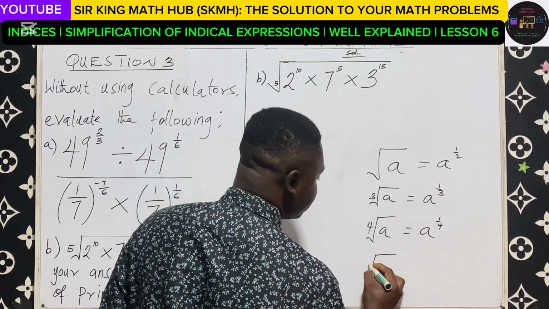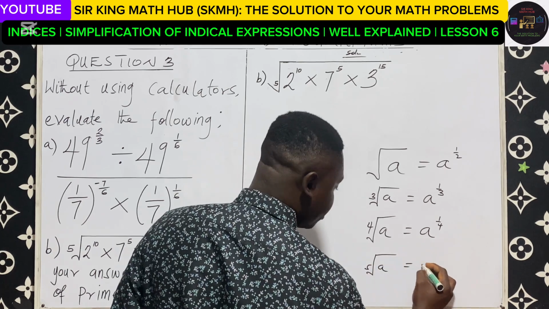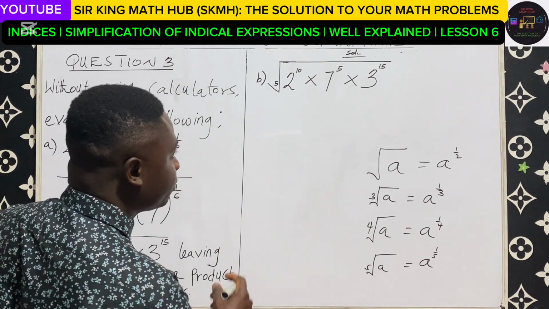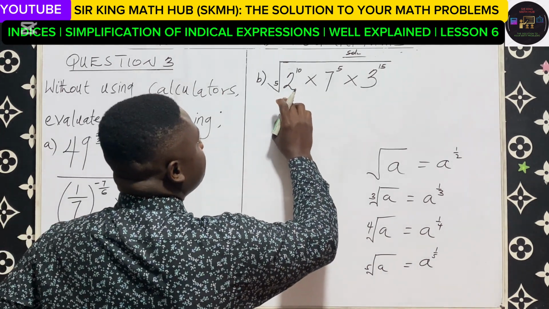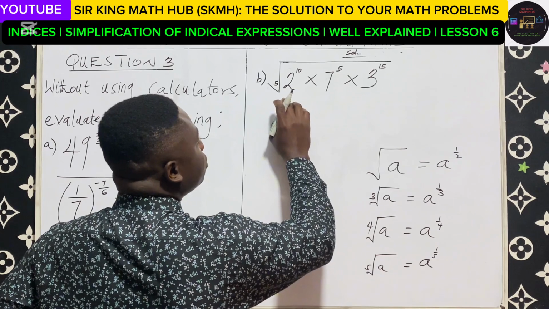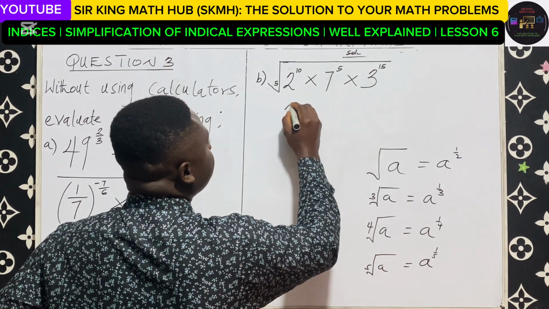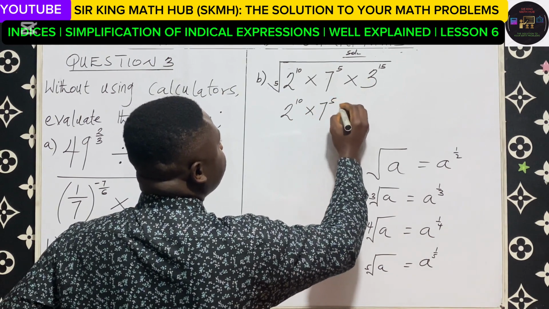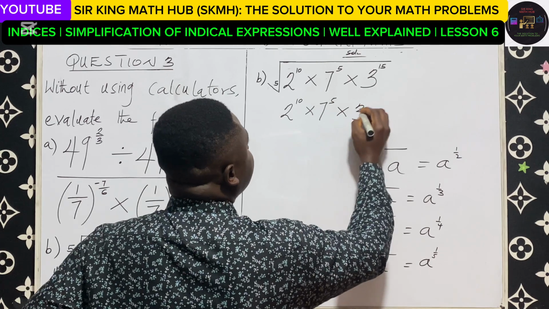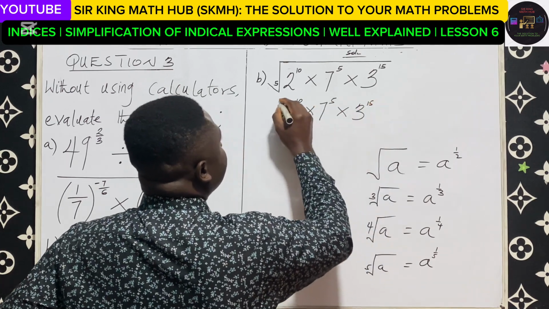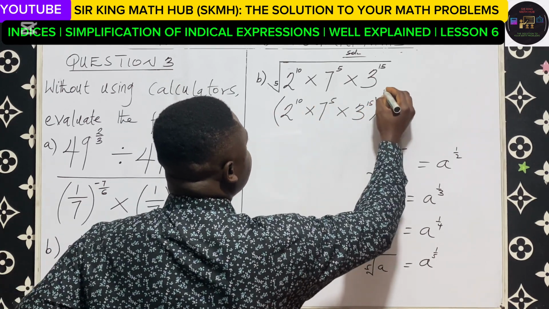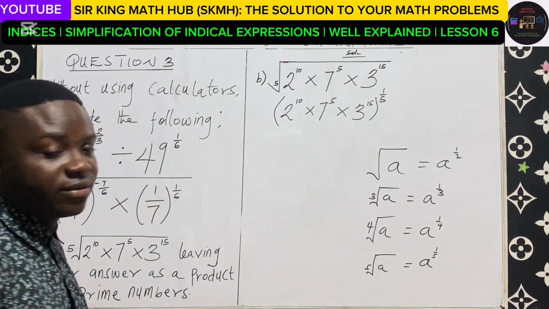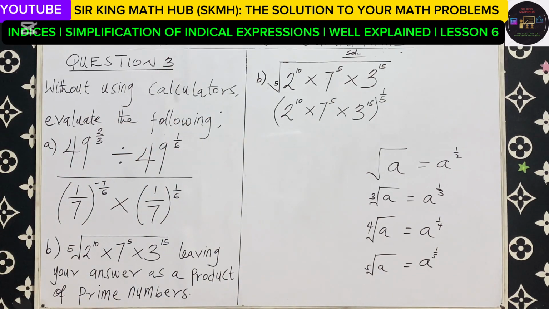So the fifth root of a number will be the number exponent 1/5. So we write down this number, which is 2 exponent 10 multiplying 7 exponent 5 multiplying 3 exponent 15, and then we change the fifth root to an index of 1/5.